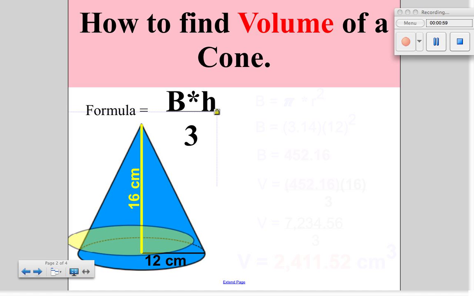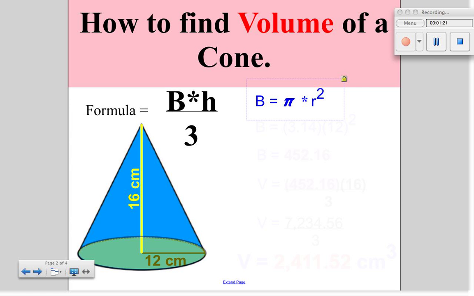If you look at this example, this little highlighted portion down here, you're going to notice that the radius is 12 centimeters and we have a circle on the bottom. If you remember back from doing cylinders, we had to find the area of a circle. How do we find the area of a circle again?